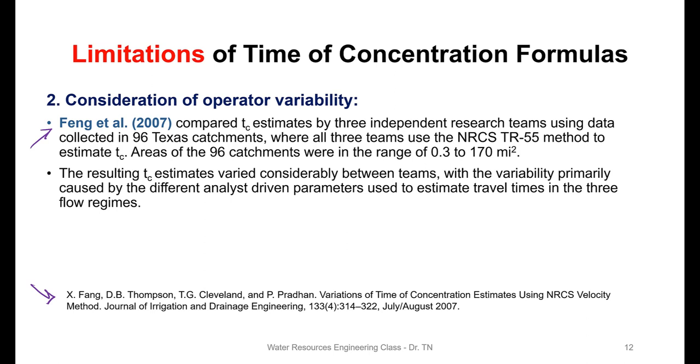Why? Because watershed slope is just one number that you can calculate using a digital elevation model and a GIS software package. Length is something, again, you can calculate using a GIS software package. So there is less decision making involved in the process of time of concentration determination using methods that are more empirical.